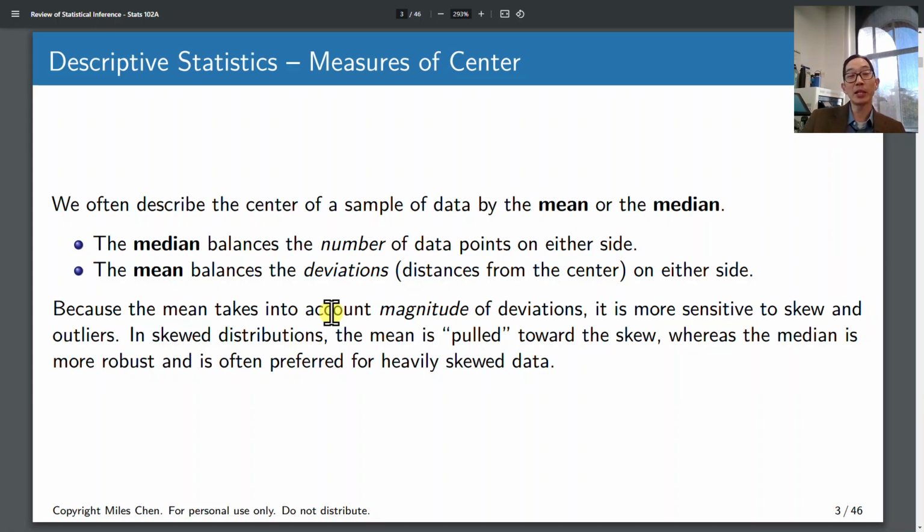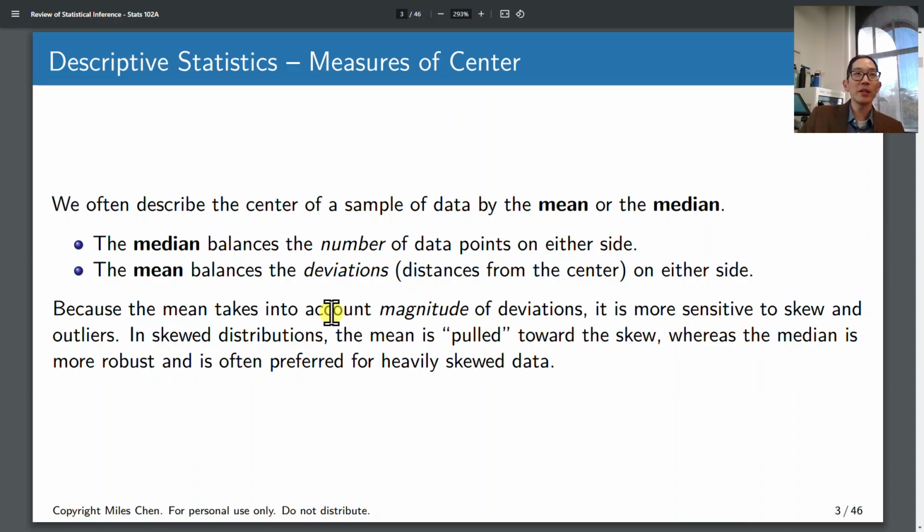The median balances the number of data points on each side, so you have the same number below as above. It's the 50th percentile, so half are below, half are above. Whereas the mean balances the deviations, or the distances from the center on each side.